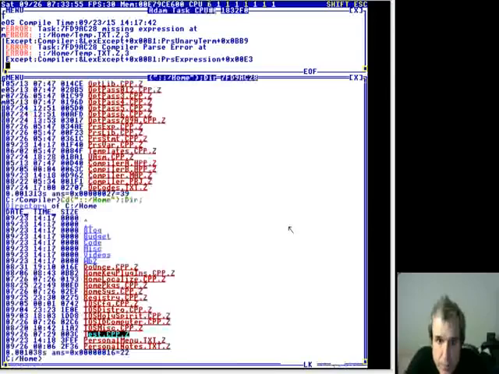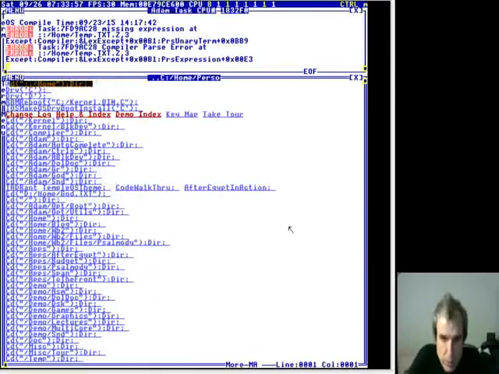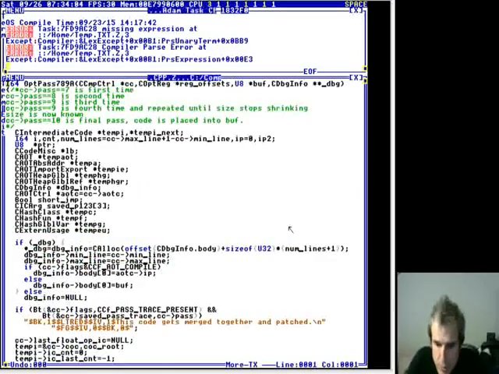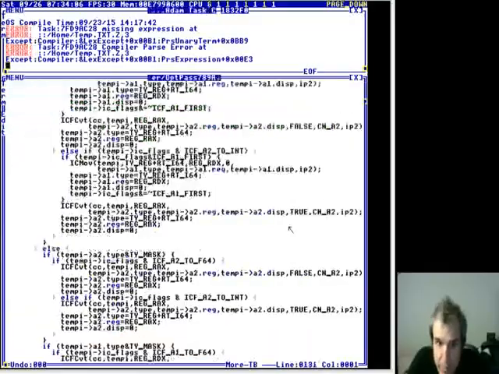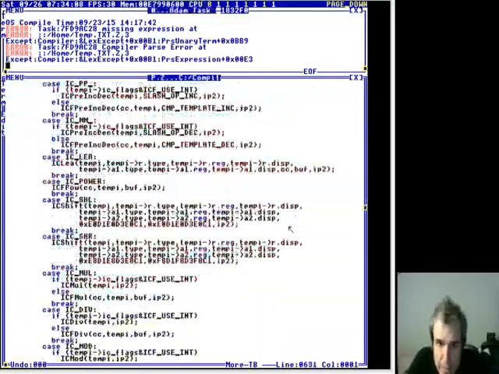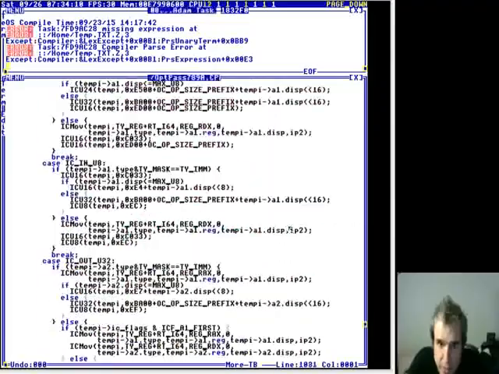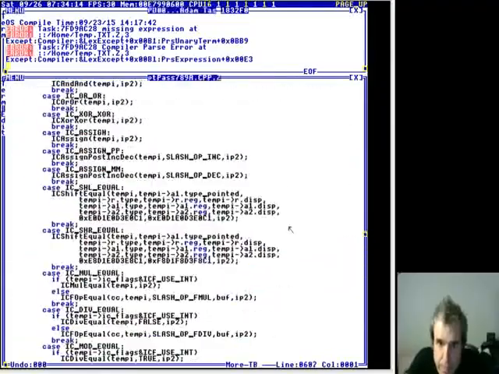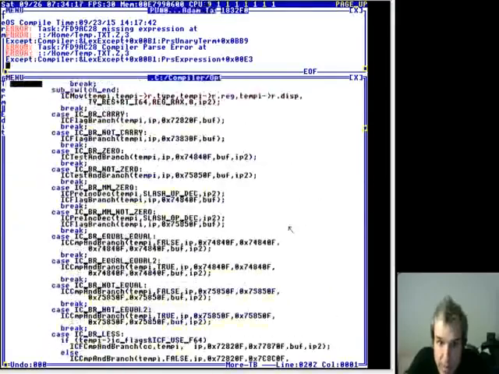Anyway, where were we? The most interesting thing is, when it steps through the intermediate code, it's always a big switch statement. And I have a no bound switch, as a matter of fact.